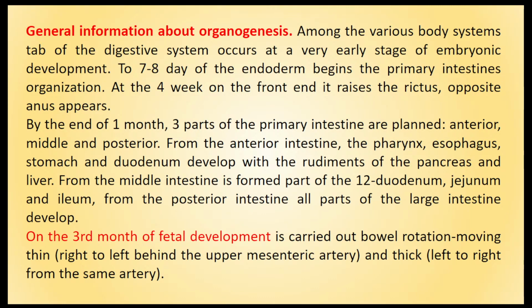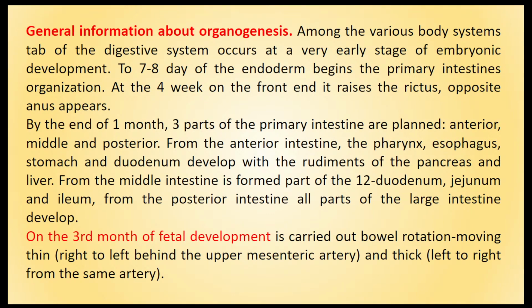From the anterior intestine, the pharynx, esophagus, stomach, and duodenum develop, with the rudiments of the pancreas and liver. From the middle intestine is formed part of the duodenum, jejunum, and ileum. From the posterior intestine, all parts of the large intestine develop.